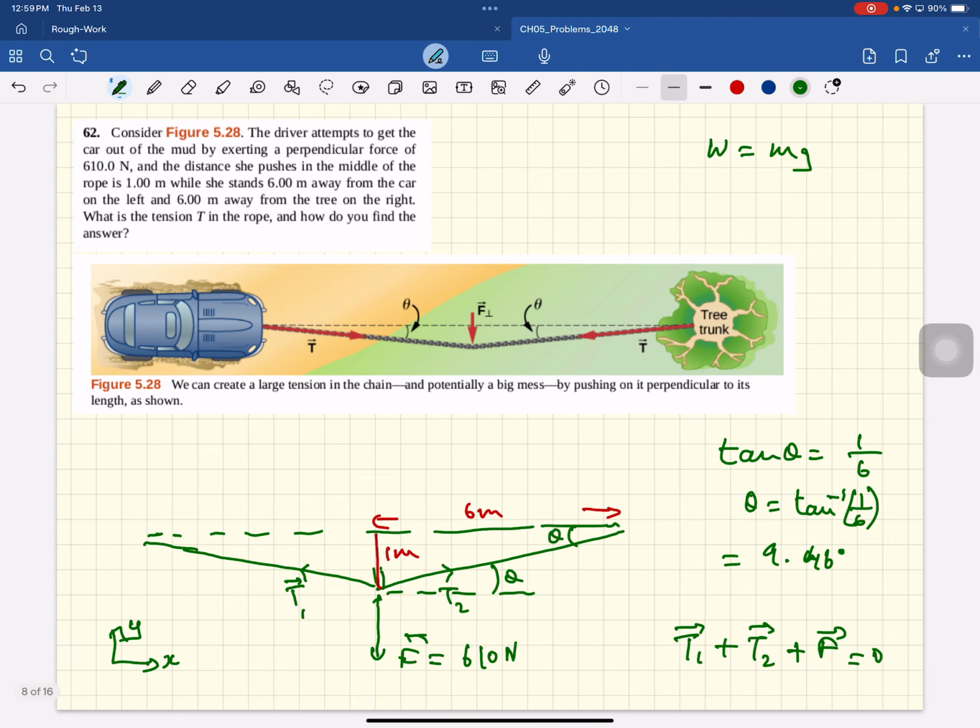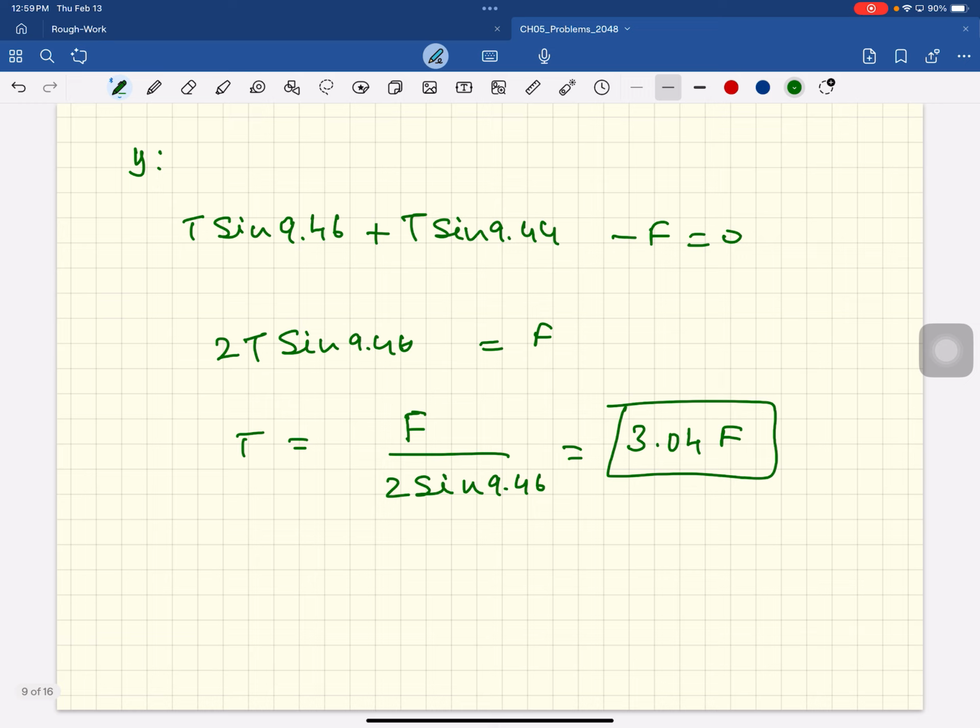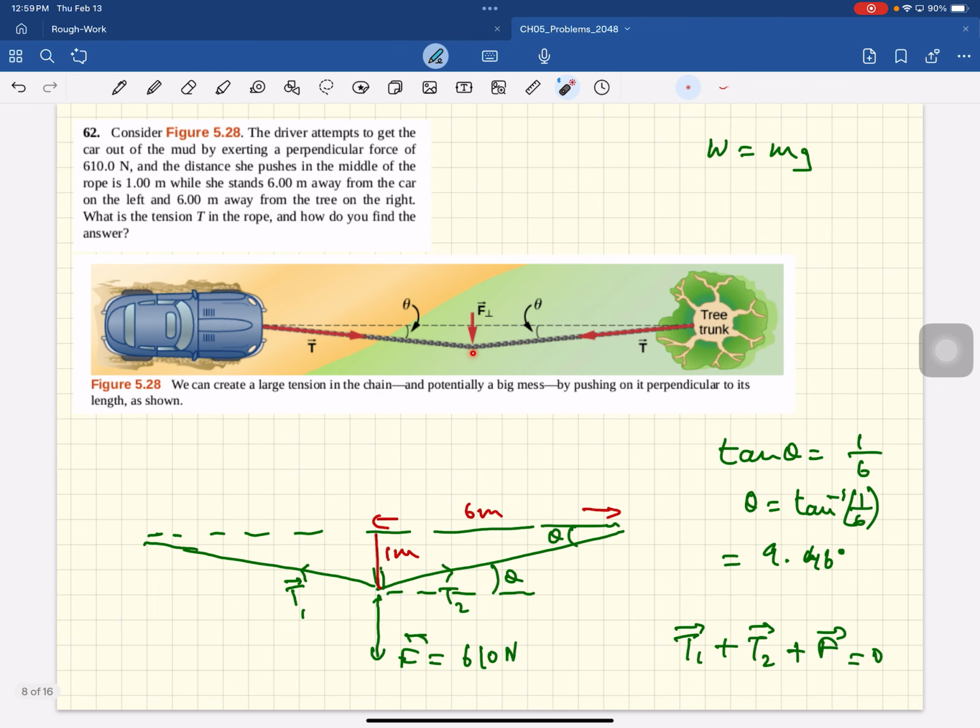This equation is telling us T1y plus T2y plus Fy equals 0, and the F in component form is 0i minus Fj. Again, you see you're getting a multiplier effect. By pushing on the rope this way, the tension is 3 times this force.